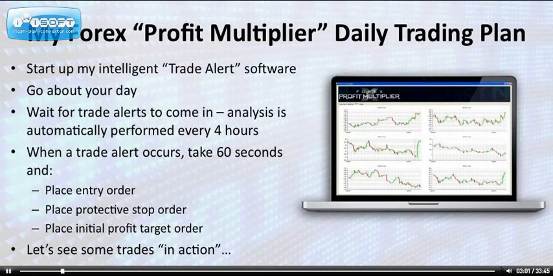So after you start up the software, you can go about your day if you want. There's no need to sit and stare at your computer. When a trade alert occurs, just take 60 seconds and place your entry order, protective stop order, and initial profit target order.